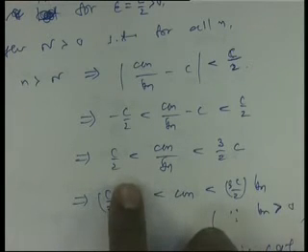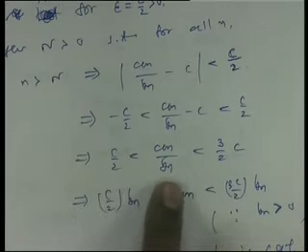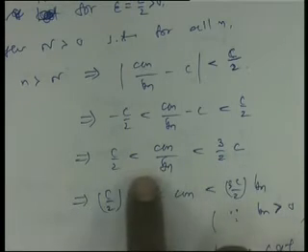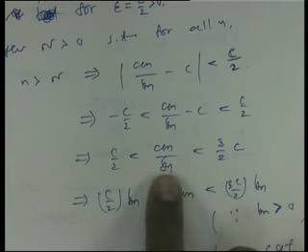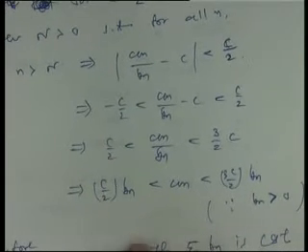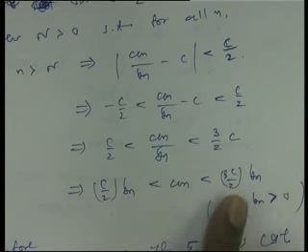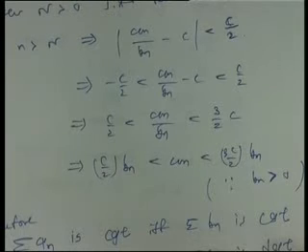Let us add c to all the terms. So it is c by 2 less than a n by b n less than 3 by 2 c. Now multiply all the terms by b n, because b n is greater than 0, definitely we can do that. So this implies c by 2 into b n less than a n less than 3c by 2 b n. This is possible because b n is greater than 0.